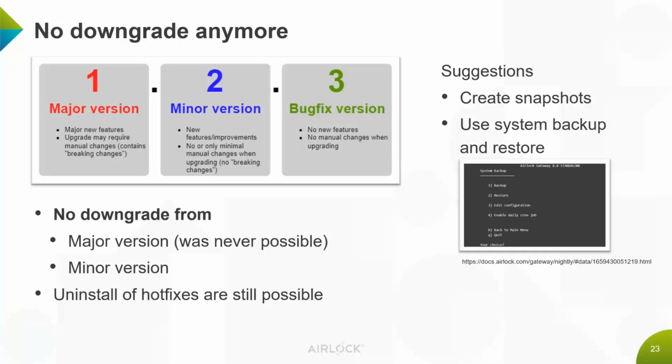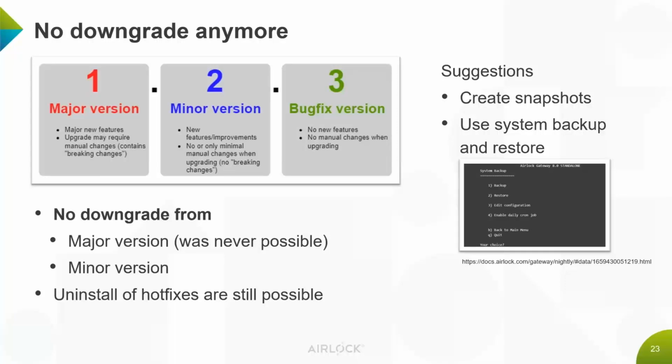As a side note, downgrading from major versions has never been possible before, so now for minor versions it is also not possible, but it is still possible to uninstall hotfixes we provide.